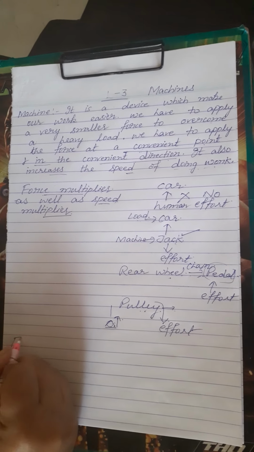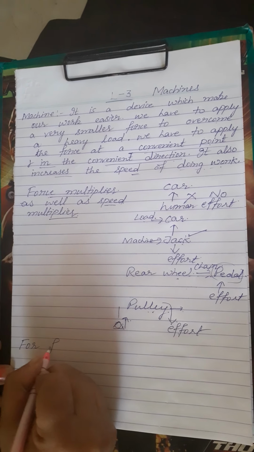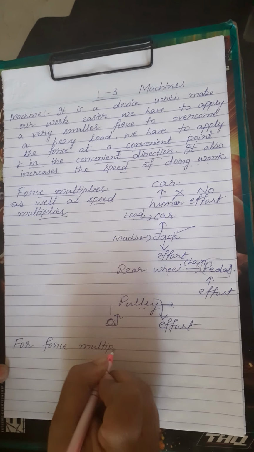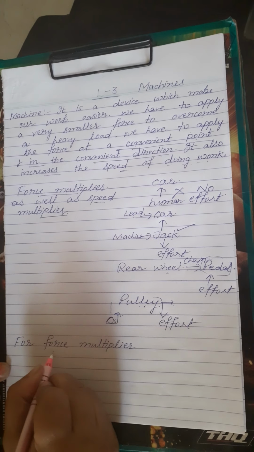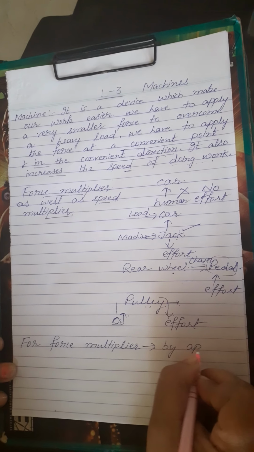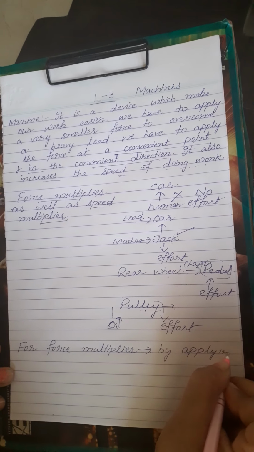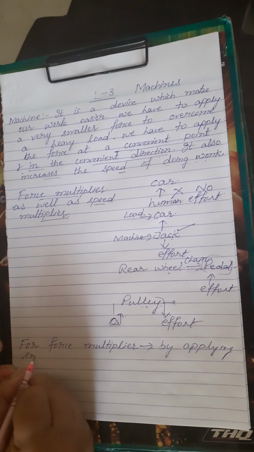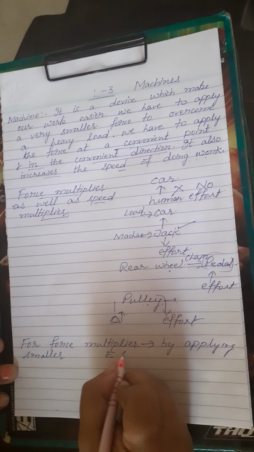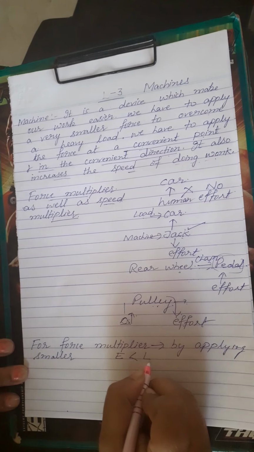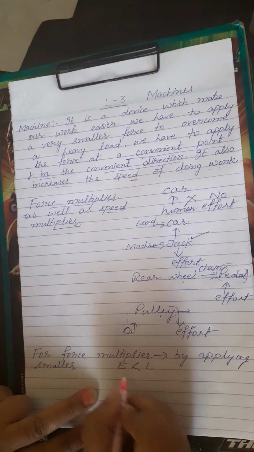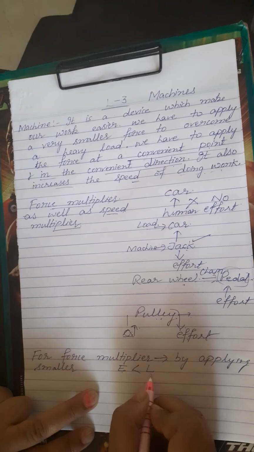Now for force multiplier beta, always remember, for force multiplier means we have to apply smaller force. By applying smaller force, it means effort must be smaller than load. Effort is force applied by us and load that machine has to overcome.